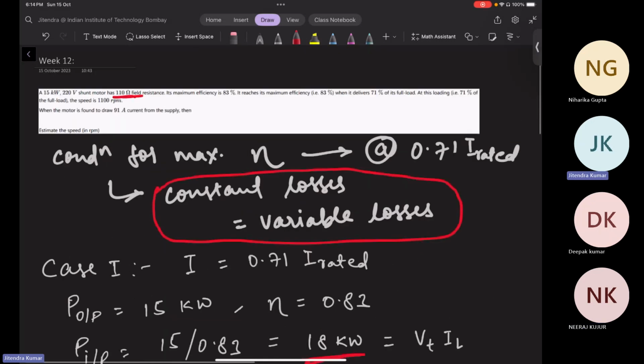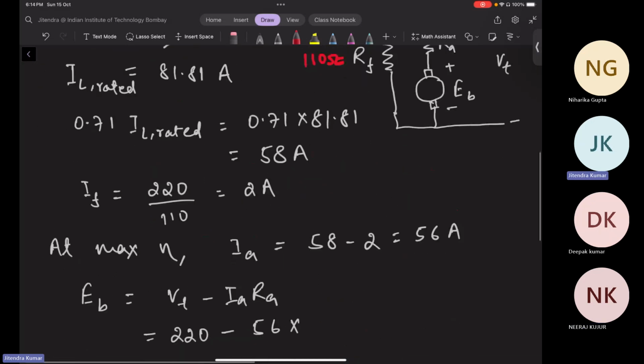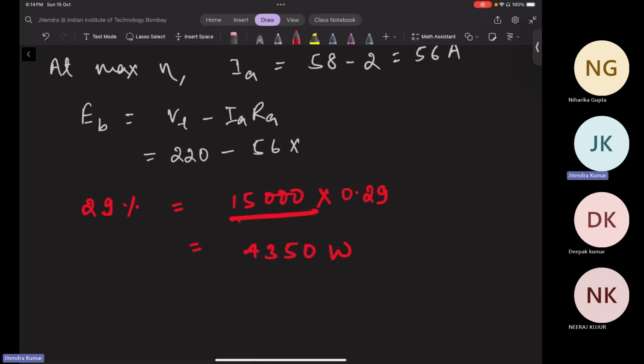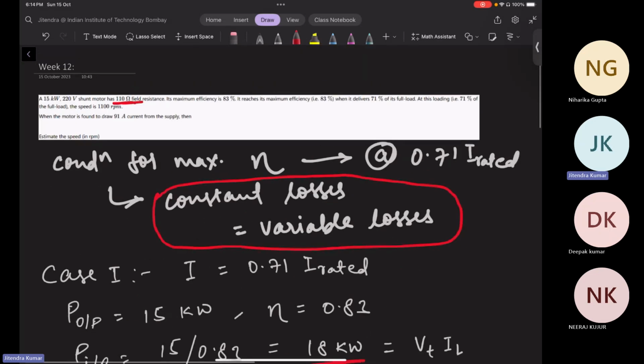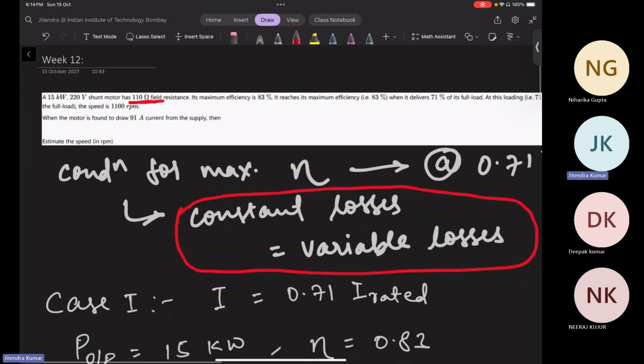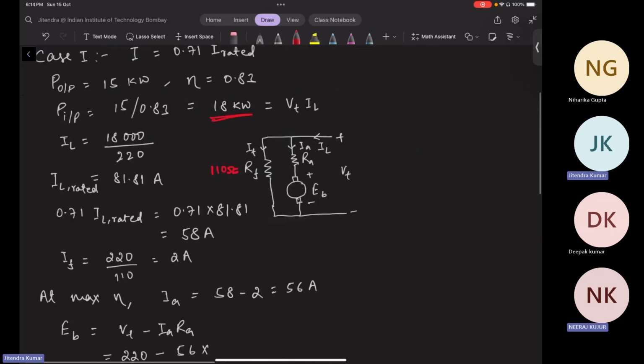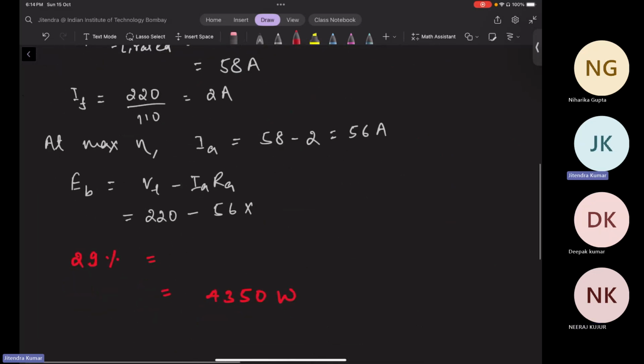Okay. See, I have committed a mistake. This 15 kilowatt is not output power, and this 83%, so 17% is the losses. Since 83% is the efficiency of the machine, 17% will be the losses, right?